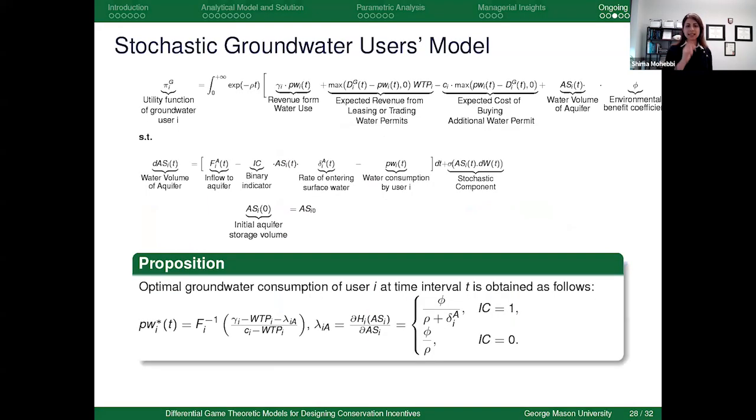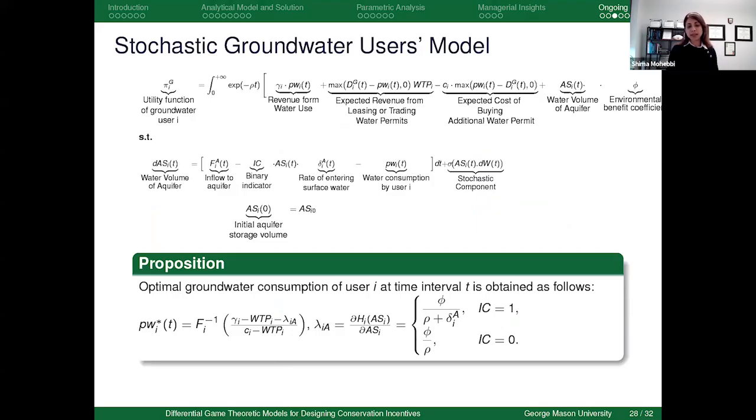So here you can see the stochastic groundwater user utility function. We have water benefits through crop sales, expected revenue from leasing or trading water permits, expected cost of buying additional water permits, if any, and environmental benefits.